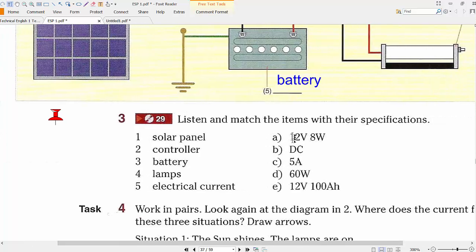And these are the specifications. 12 volt, 8 watt. DC. Direct current. 5 amps. 60 watts, 12 volt, 100 amperes hour.